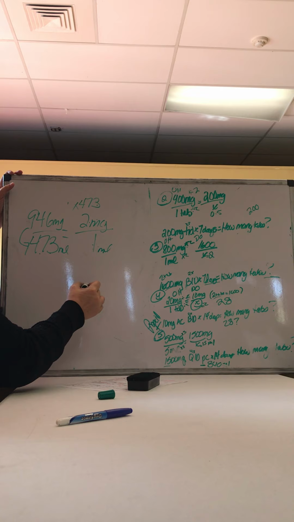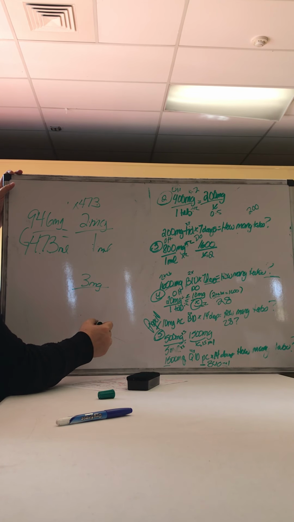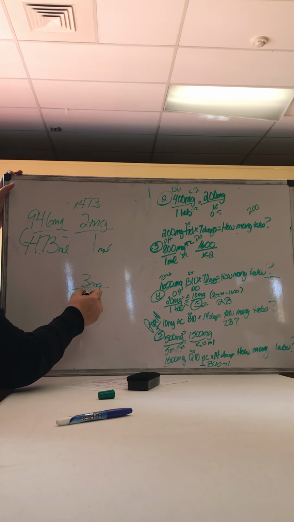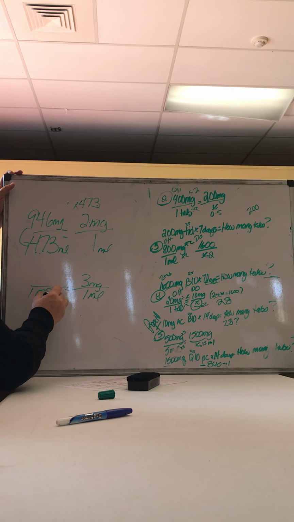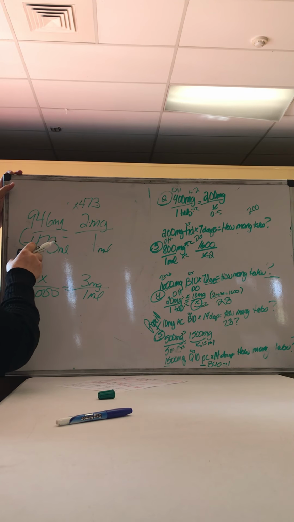How about we do another one of those? We've got 3 milligrams of Haldol, and I think the 1 messed you up, so we're going to do a 1 again, in 1 milliliter. So we've got a whole bucket of Haldol back there, 1,000 milliliters, but I need to know how many milligrams we've got back there. So this is your X. Multiply by 1,000.